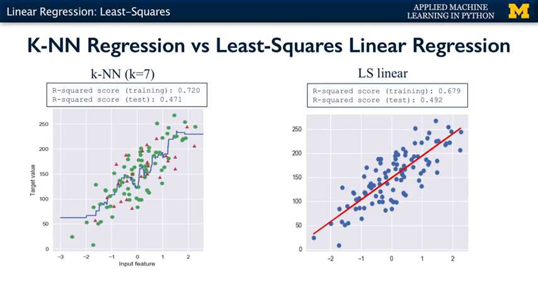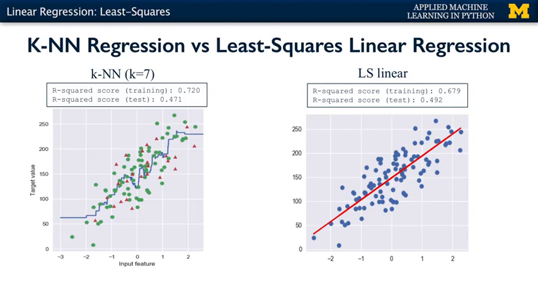On the other hand, linear models make strong assumptions about the structure of the data. In other words, that the target value can be predicted using a weighted sum of the input variables. And linear models give stable but potentially inaccurate predictions. However, in this case, it turns out that the linear model's strong assumption that there's a linear relationship between the input and output variables happens to be a good fit for this data set.